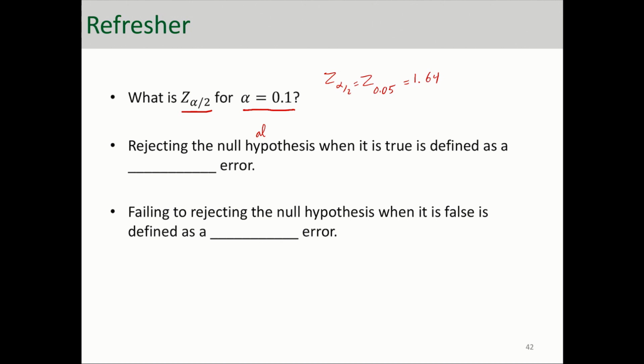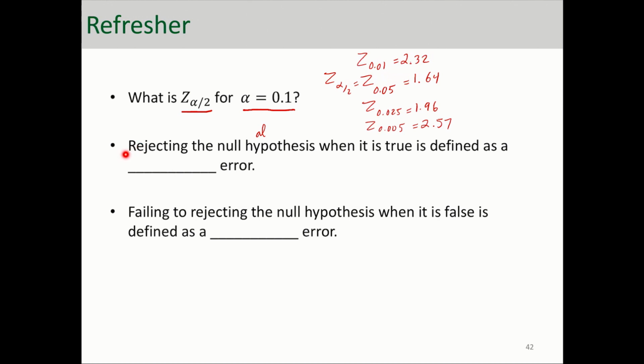In fact, there are some common z values that I'm going to mention here, and you can keep them in mind so later you won't go to the normal distribution table every time. z of 0.025 is 1.96, z of 0.005 is 2.57, and the other common value is z of 0.01, which is 2.32. These are common z values that we typically use in problems.